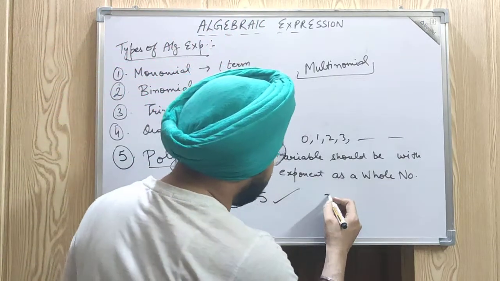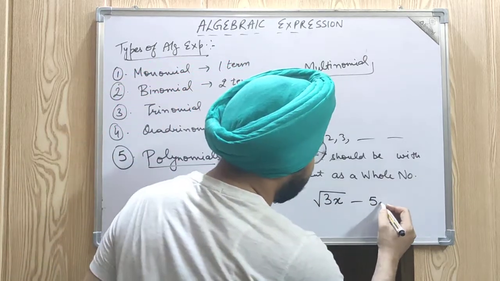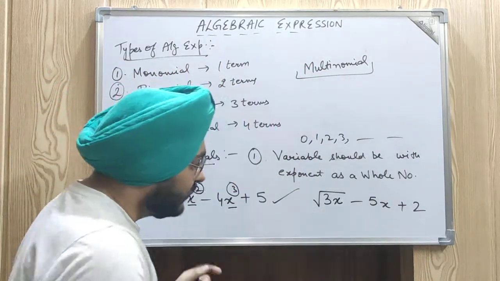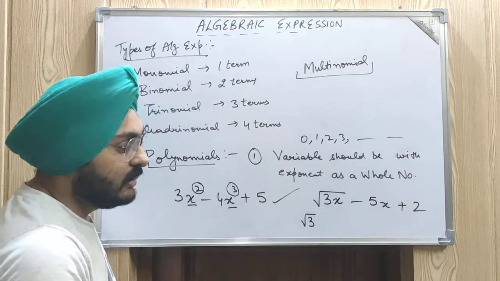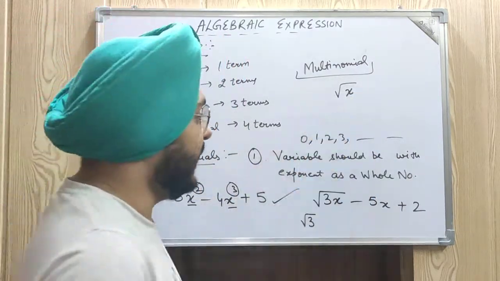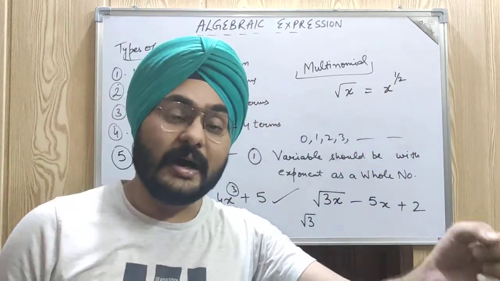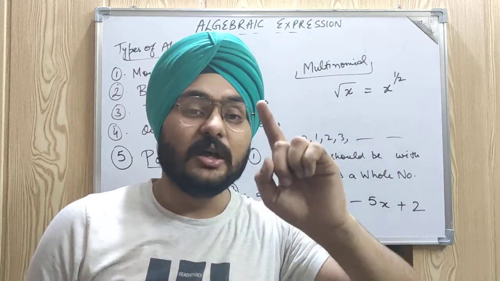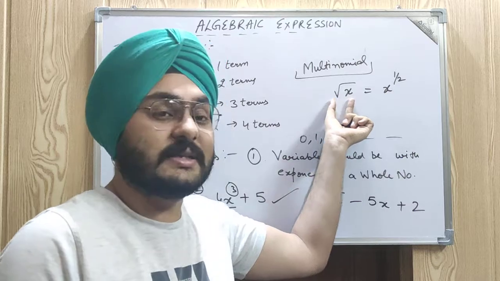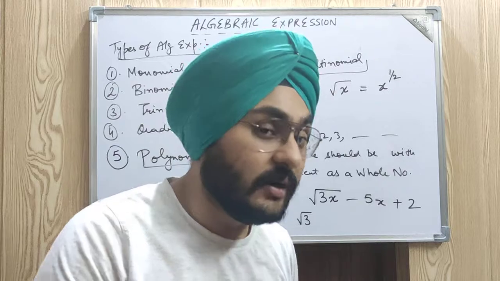The next example: root 3x minus 5x plus 2. This root x can be written as x raised to the power 1 by 2. In the previous video on square roots and cube roots, I discussed that root x can be written as x raised to power 1 by 2, and the cube root of x can be written as x raised to power 1 by 3.